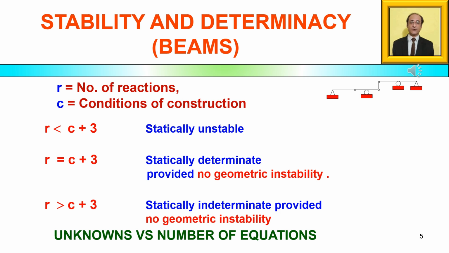On the other hand, if the two sides are equal, that is R is equal to C plus 3, then there is a unique solution and the structure is determinate. Finally, when R is greater than C plus 3, then the system of equations has infinite solutions. So we have to pick a solution which satisfies the compatibility conditions. So that's why here the structure is indeterminate in nature.